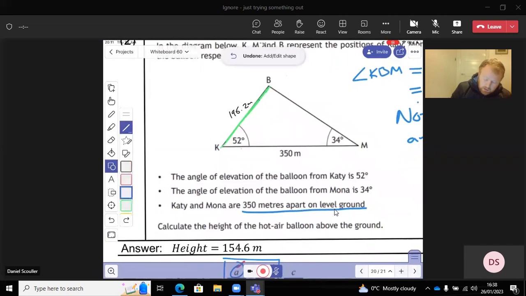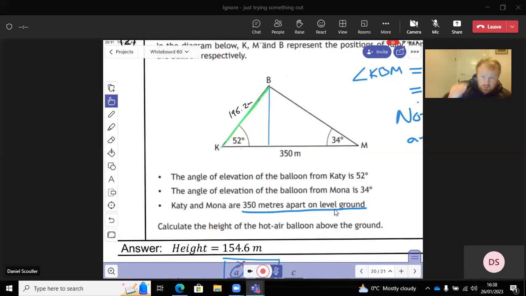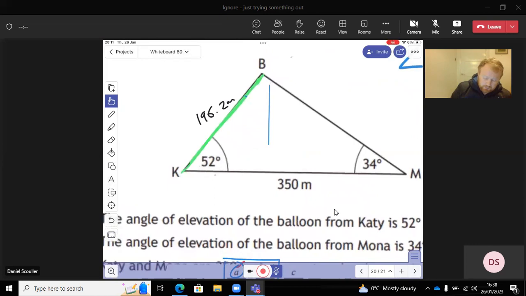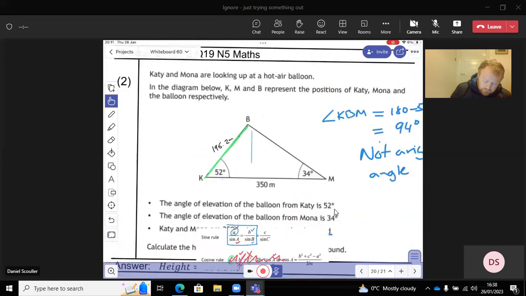Let's get a colour. So the height is B. Height of the balloon, the bottom of the balloon, straight down to ground level. Okay, that's good, isn't it? Yeah, trust me.